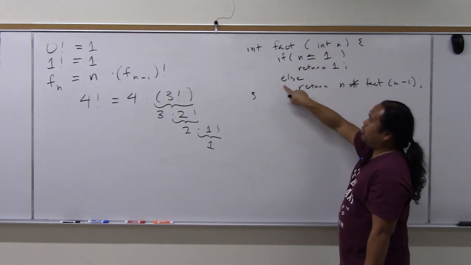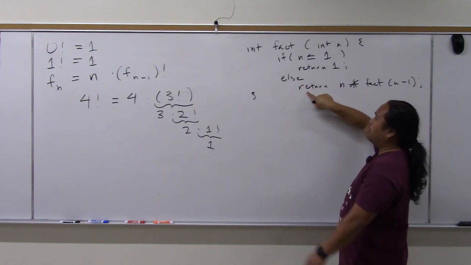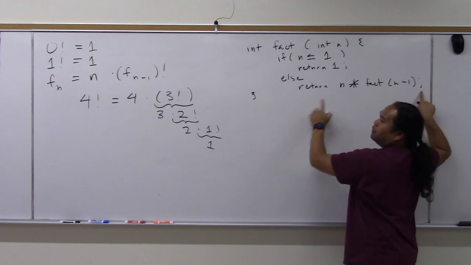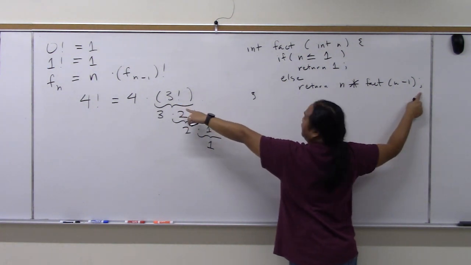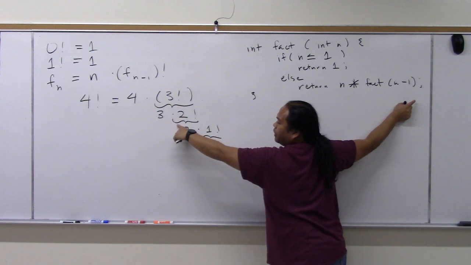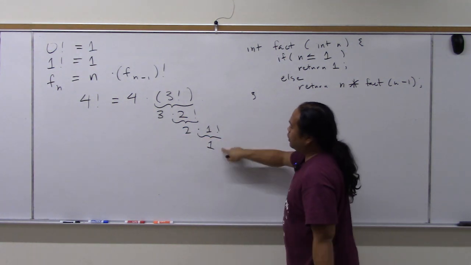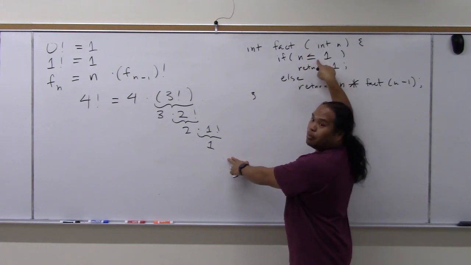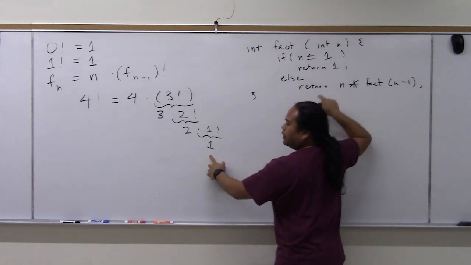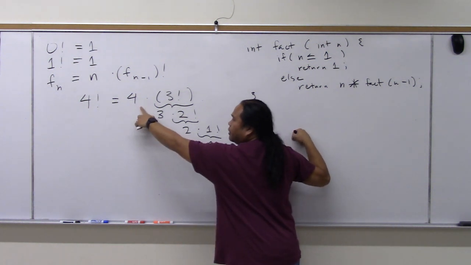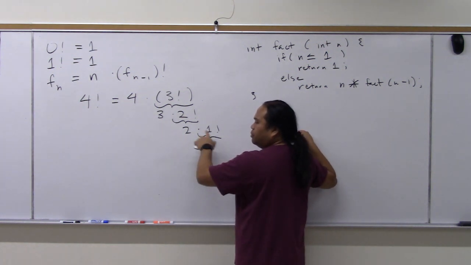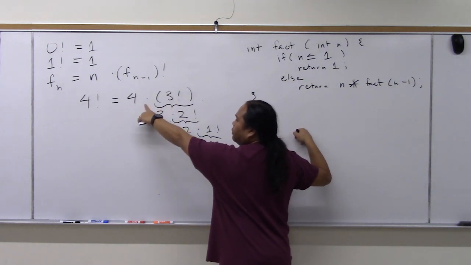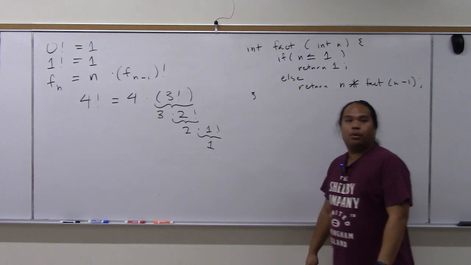This statement is false, so it falls into the else block, and it attempts to return 4 times a function call to itself, where it decrements that n. That ends up being a recursive call, and you repeat that until finally you end up calling fact of 1, in which case this statement would be true and it would return 1. Then it returns up the chain, accumulating that multiplication with the previous return value until you finally get up here and you get the original value, okay?